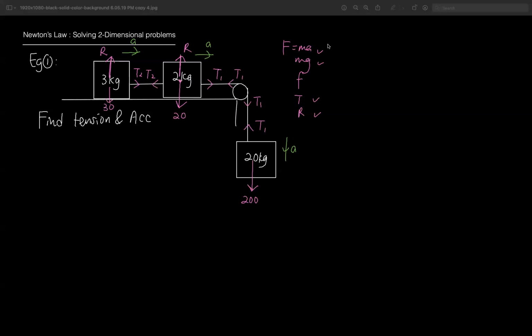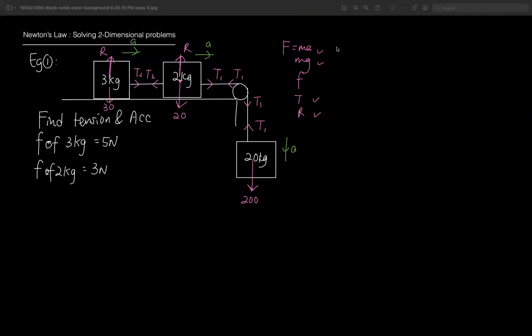Sometimes the question gives friction. Sometimes the question says assuming there's no friction. Now let's say we have friction, and the friction of the 3 kg mass is 5 Newton, and the friction of the 2 kg is 3 Newton.